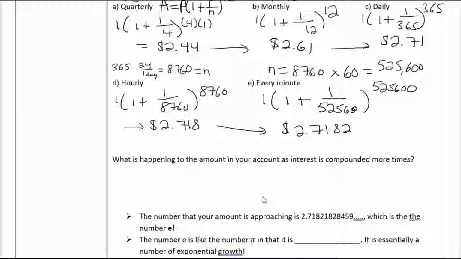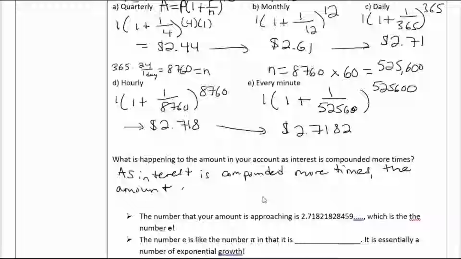So in this case, as interest is compounded more times, the amount obtained peaks at a limited value, or we should say limiting value.